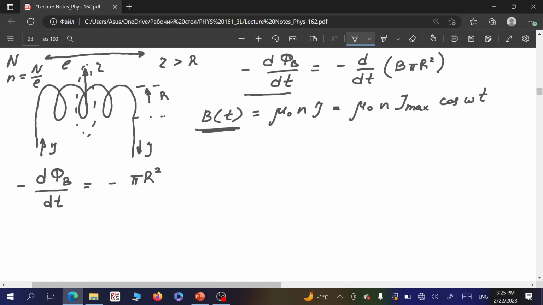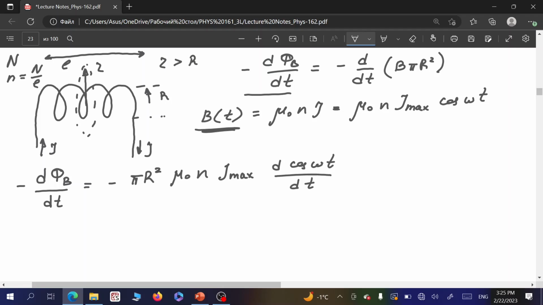So that is mu naught times n times I maximum times d cosine omega t over dt.